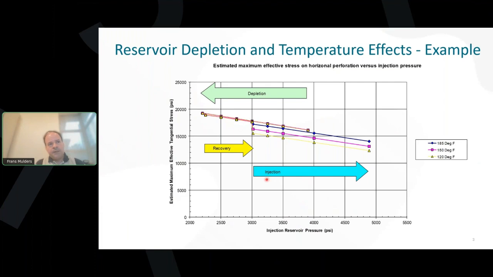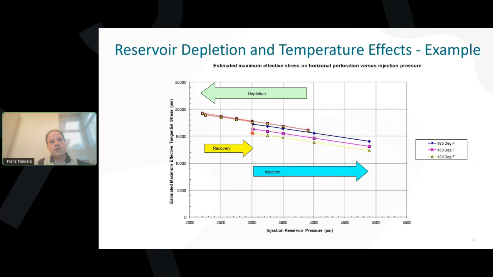Now, when you then start to inject water, in this case for enhanced oil recovery, you see a model result for three different injection temperatures. If you have cooler injection water temperature, you get a stress change.